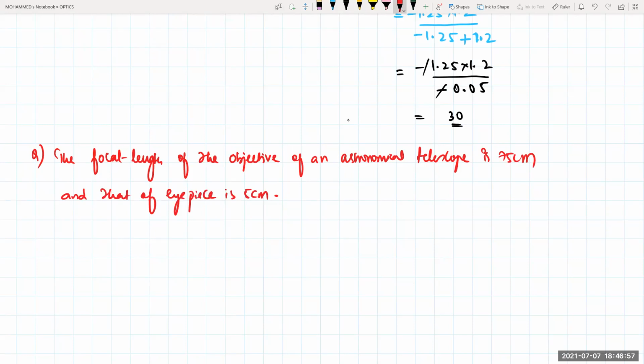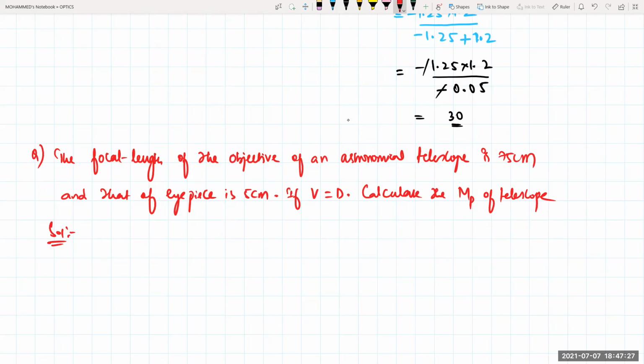Image is at the least distance of distinct vision, so V is equal to D directly. Calculate the magnifying power MP of the telescope. Okay, come on, try to do it. The focal length of the objective of an astronomical telescope is 75, and that of the eyepiece is 5 centimeters. If the image is formed at the least distance of distinct vision, calculate the magnifying power of the telescope.